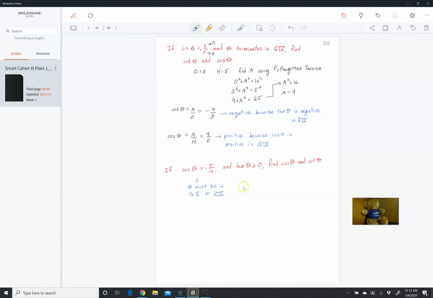Okay. But this is saying that the tangent of theta is greater than 0. So this is narrowing it down to one quadrant. Where is that true out of quadrant 2 or quadrant 3? The one where the tangent of theta is greater than 0 is quadrant 3.